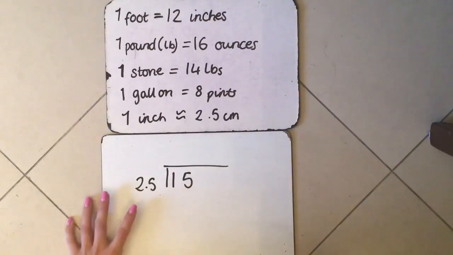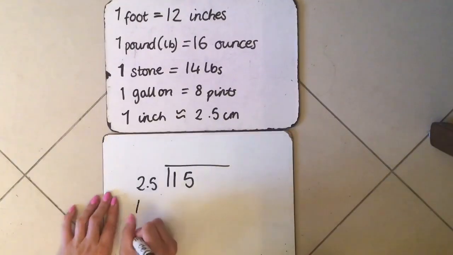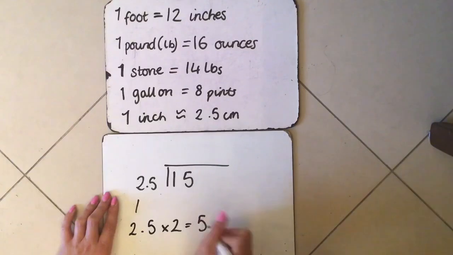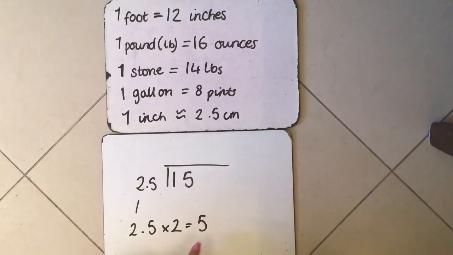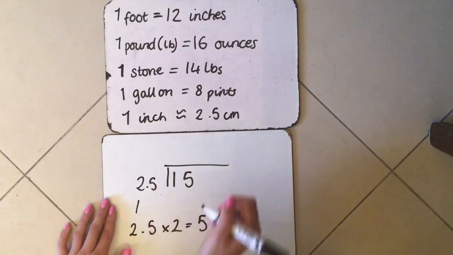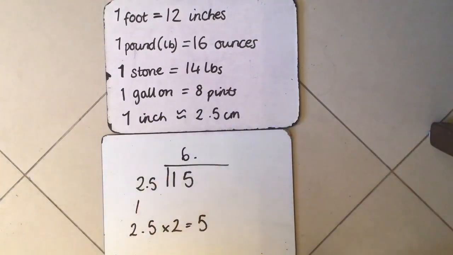I know that I can do 2.5 times 2 will be 5. I know that there's 3 lots of 5 in 15. So therefore, there must be 6 lots, because 3 times 2, of 2.5 in 15. So the answer will be 6.